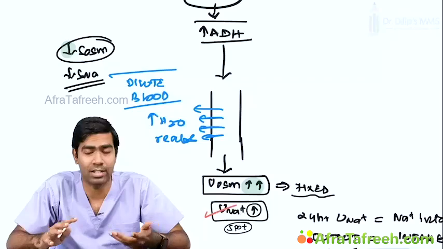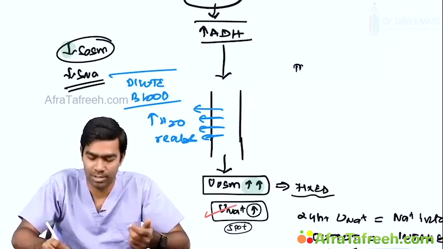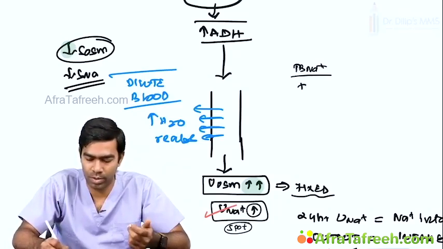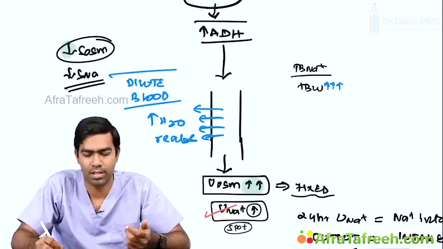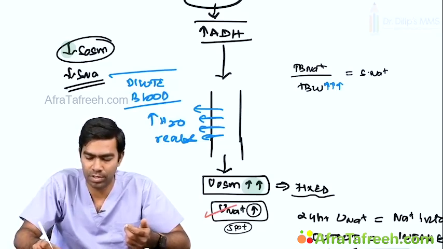But there are some mechanisms that are going to increase the urinary sodium also, given by many standard textbooks. For example, if you ask what the equation in SIADH is: total body sodium by total body water. Here you know the total body water is going to increase. Because of that, your serum sodium is decreasing.